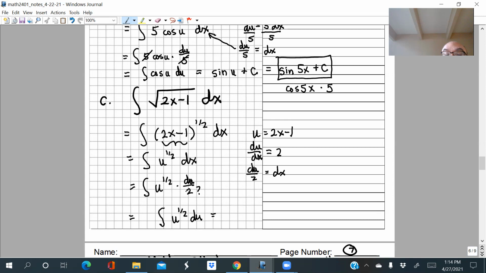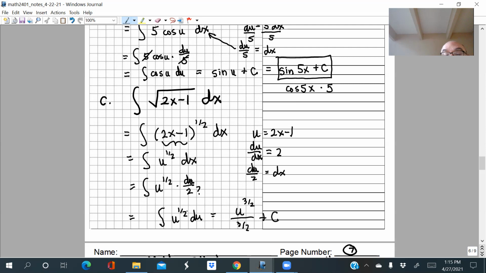How does this integrate now? Once we've sort of dealt with the 2, no matter how we do that, Lance, how does this now integrate? It's going to be 2 over 3 u to the power of 3 over 2. Yeah, so you actually did it very fast there. It's u to the 1/2 plus 1, which is 3/2 over 3/2, and when you divide by 3/2, that's the same as multiplying by 2/3, right?